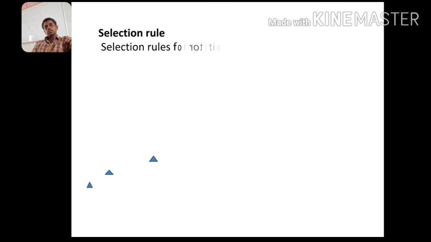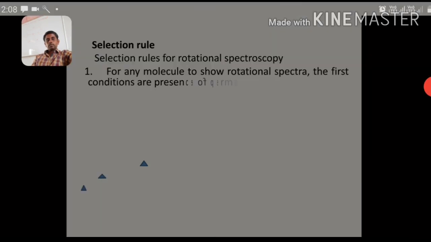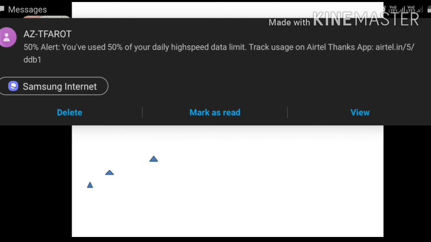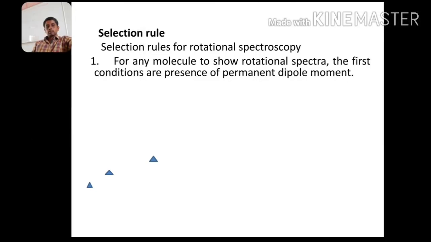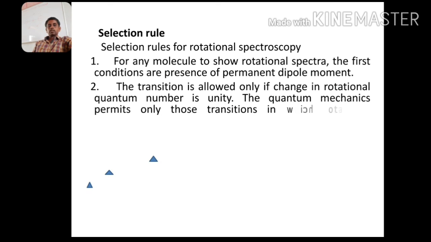Now the selection rules for rotational spectroscopy. The most important condition for any molecule to give a rotational spectrum is that it should contain a permanent dipole moment, and second, the transition is allowed only if the change in rotational quantum number is unity, that is, one.